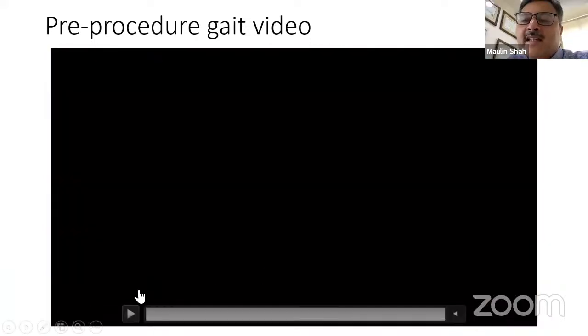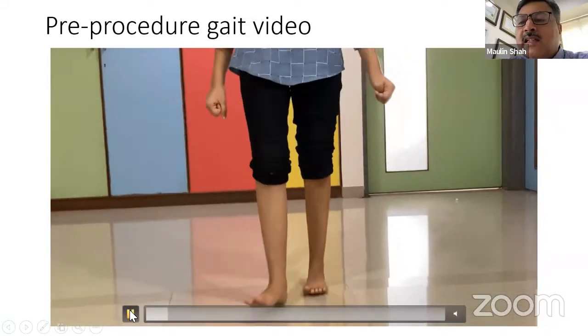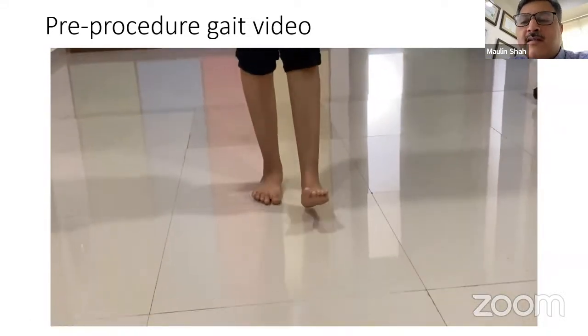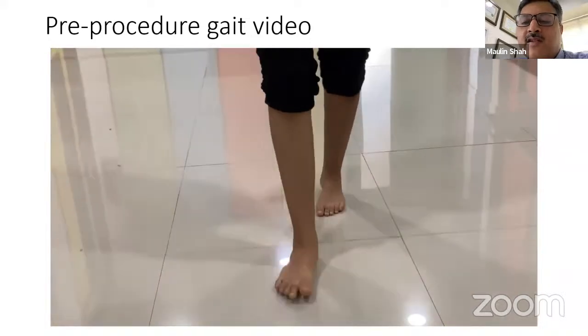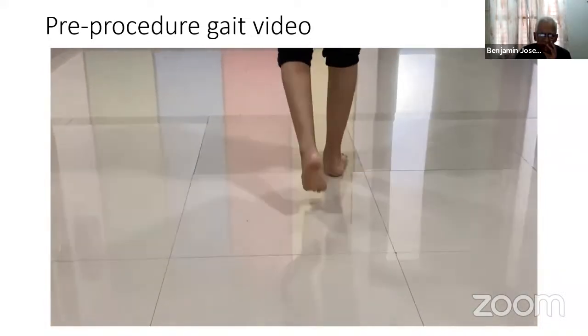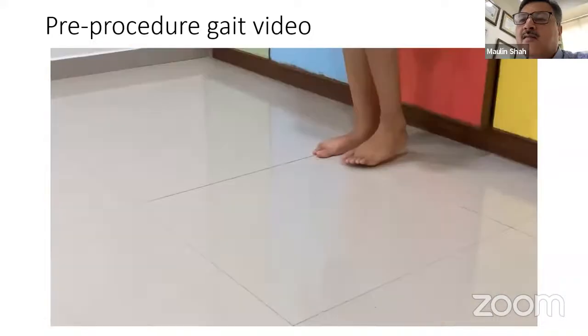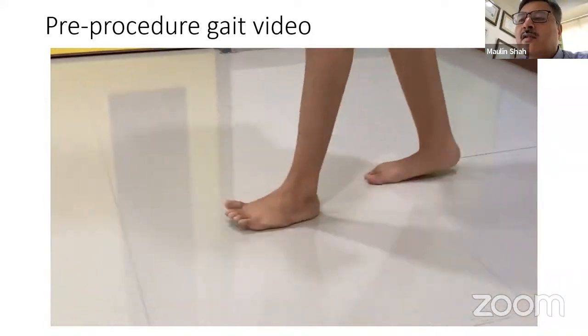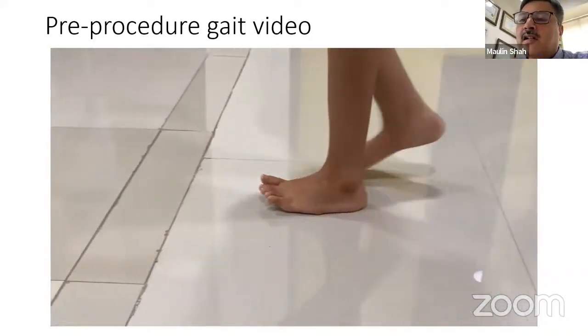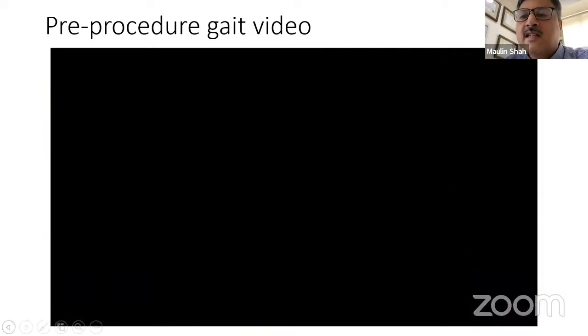So the hyperextension of the great toe is probably showing the tibialis anterior weakness, right, sir? Yes, yes. So this is what you referred to in your talk, a kind of isolated dorsiflexion weakness.